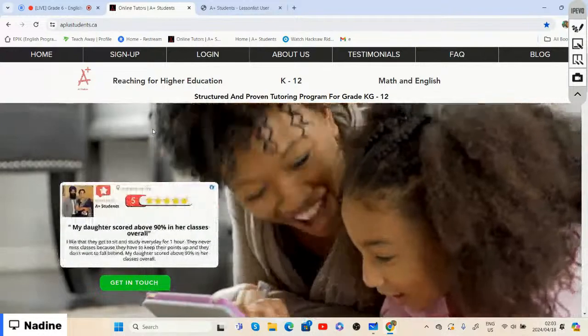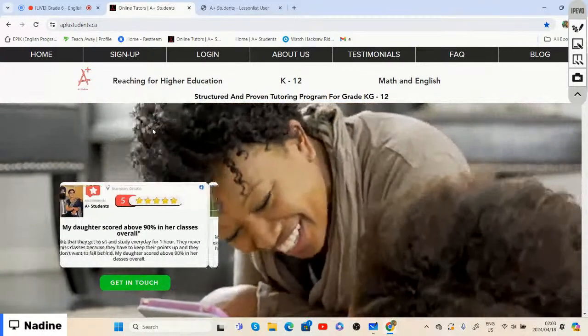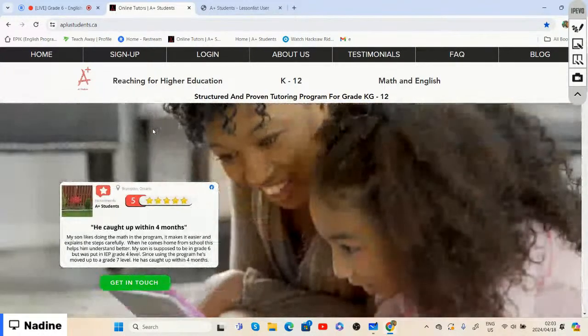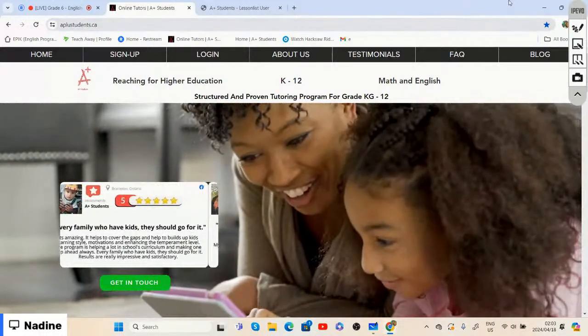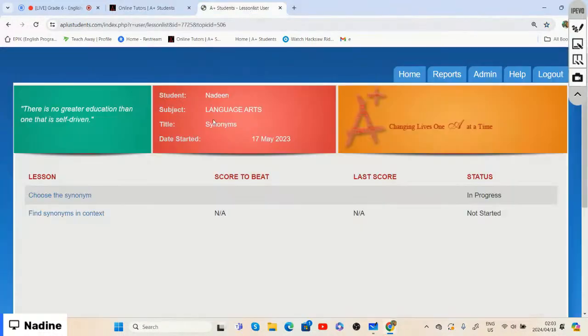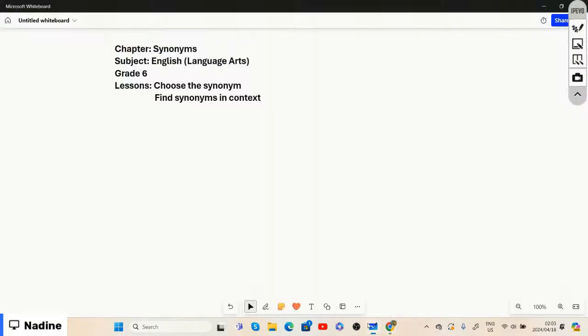And then we're going to scroll down until we get to the chapter of synonyms, so we're going to find out what synonyms are, and we are also going to see how we can find synonyms in context.